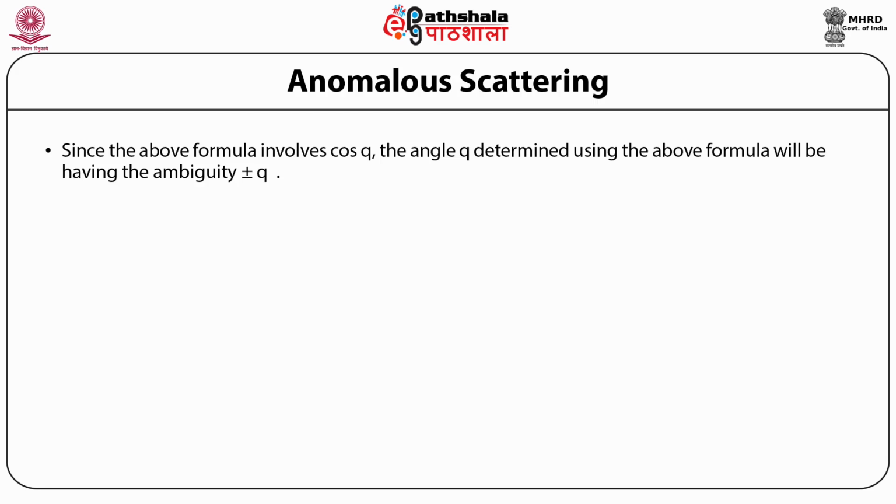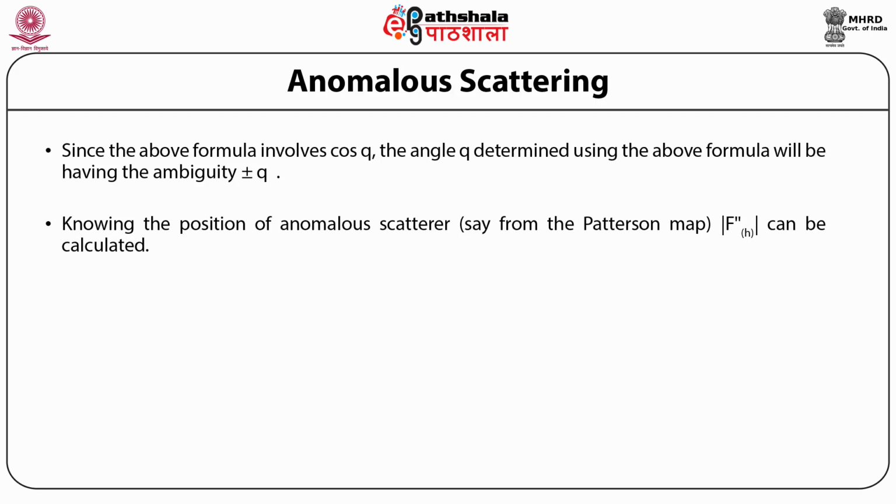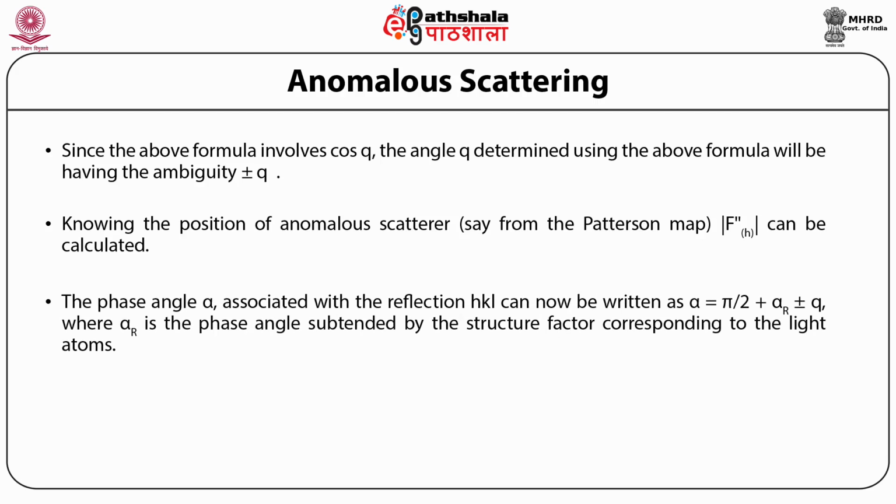Now, knowing the position of the anomalous scatterer, say from the Patterson map, mod F double prime of h can be calculated. So that is how you calculate your cos theta. I told you how to calculate delta I, the Bijvoet differences. The phase angle alpha associated with the reflection hkl can now be written as alpha equals pi by 2 plus alpha r plus or minus theta.